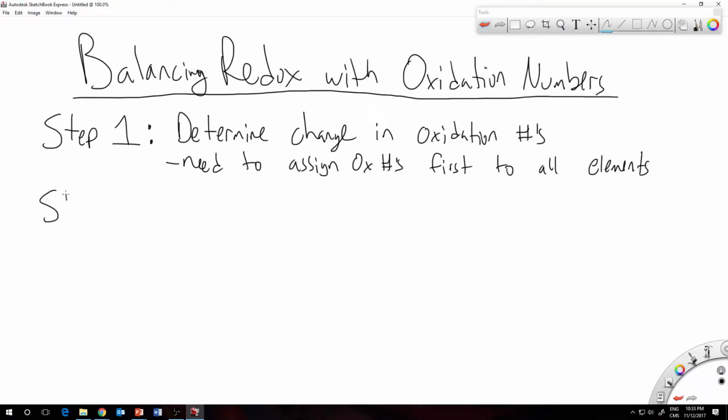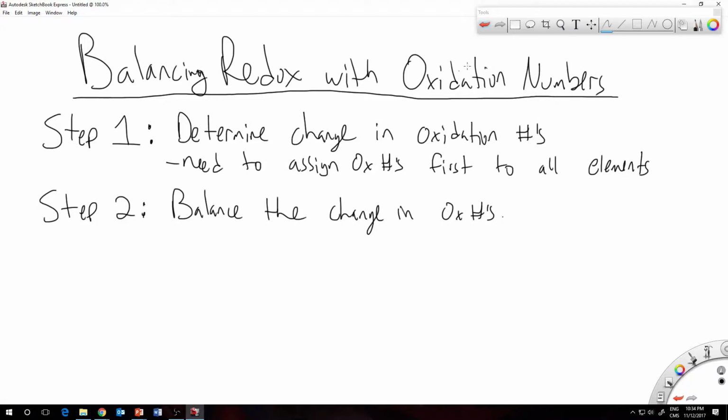Step 2, once you've determined the change in oxidation numbers, we need to balance that change. What I mean by this is that in every oxidation reduction reaction or pair, you're going to have something that gives away electrons, so its oxidation number will get more positive, and then you'll have something else accepting those electrons, so its oxidation number will get more negative.